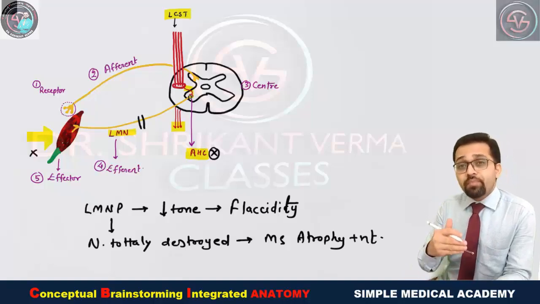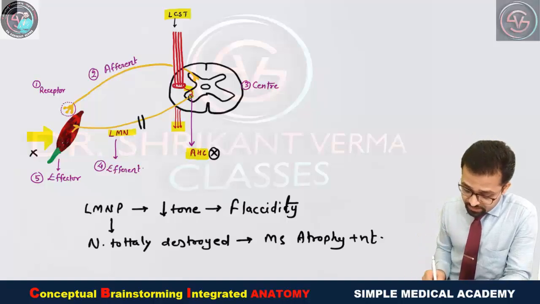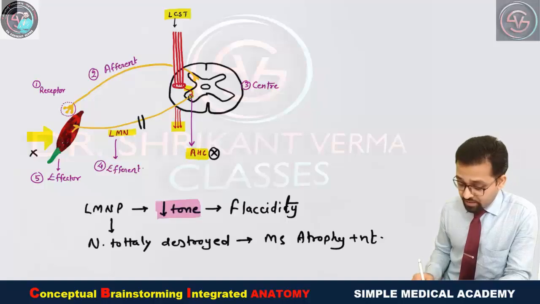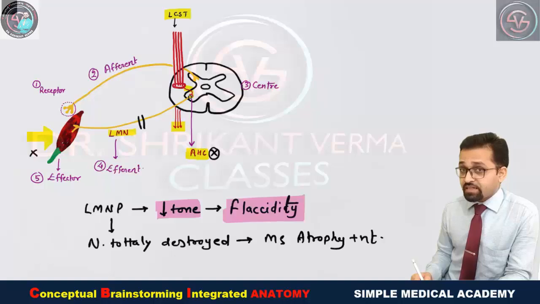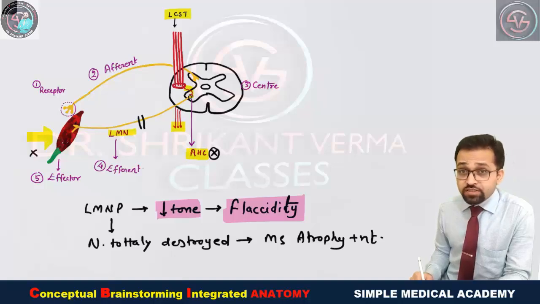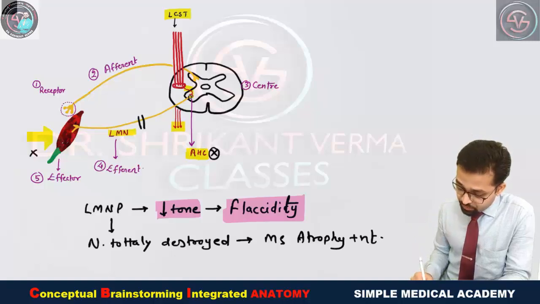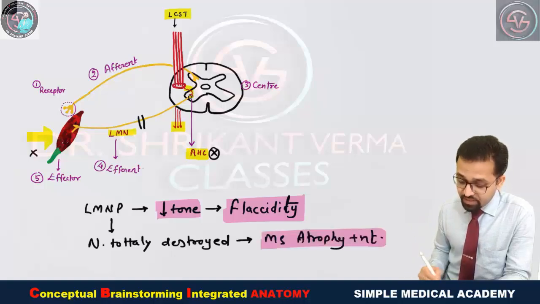Now see what will happen with the reflex. Just compare with the upper motor neuron paralysis. There the tone was increased, there was no flaccidity, there was the spastic type of paralysis. Muscle spasticity was found, and muscle atrophy was not seen. If it is seen, it is seen at a very late stage, but here the muscle atrophy is present immediately.